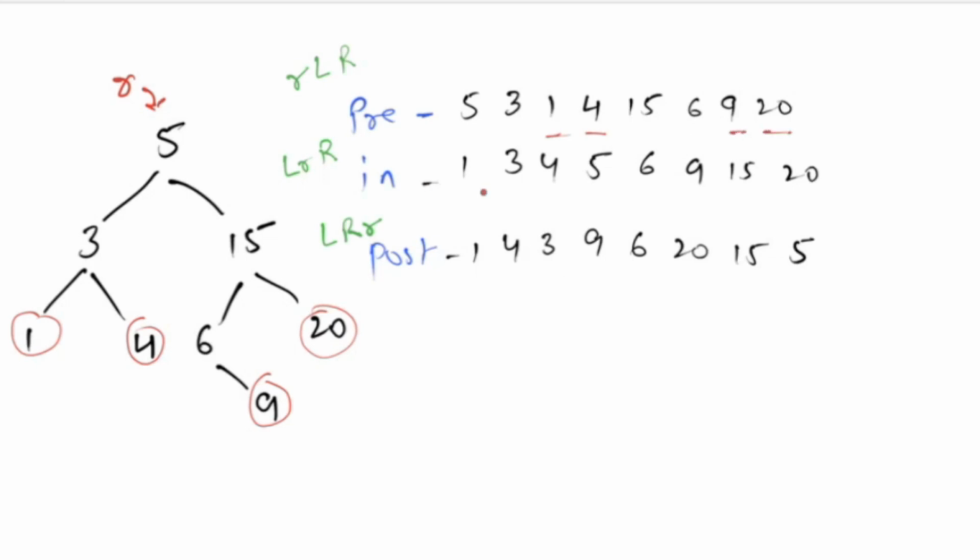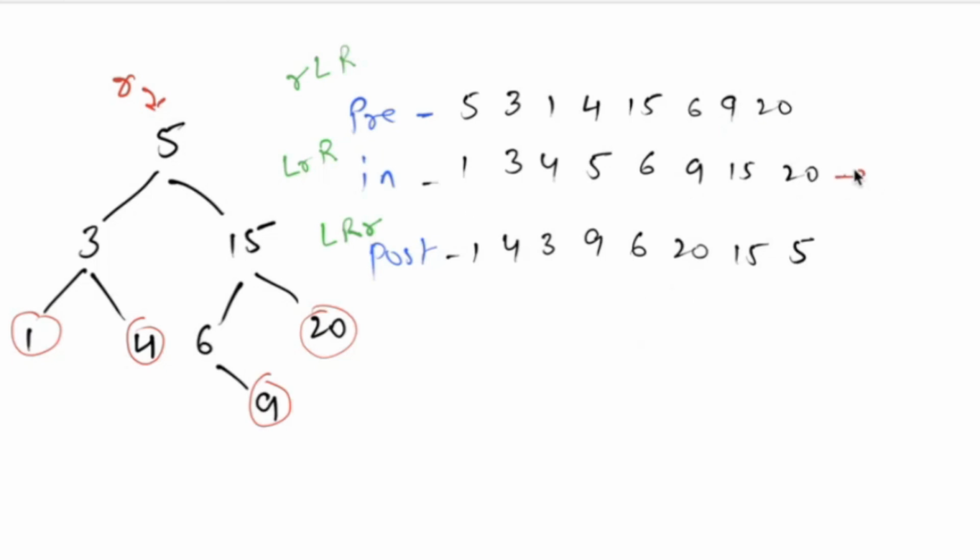In the in-order traversal also, the leaf nodes get printed in 1, 4, 9, and 20. In the post-order also 1, 4, 9, and 20. So in all of these three traversals, the relative order of the leaf nodes is the same. Second is that the in-order traversal is sorted.